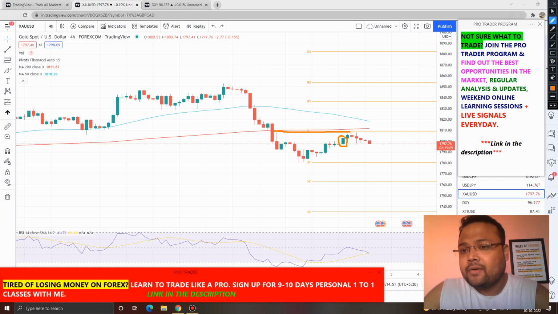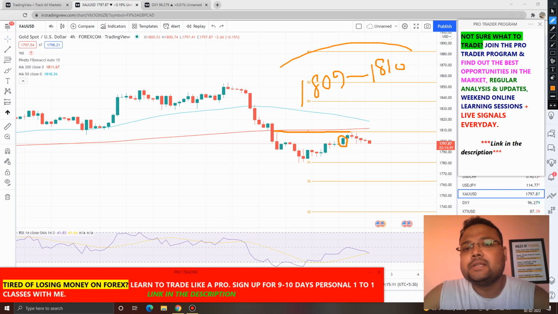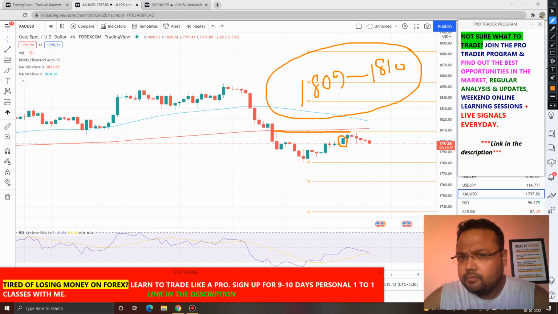Right now you can see that there's some sort of correction going on the chart of gold, and right now the market is trading at 1797. This is the current market price here. So overall, one thing is very much certain that 1809 to 1810 is a resistance for the market right now.